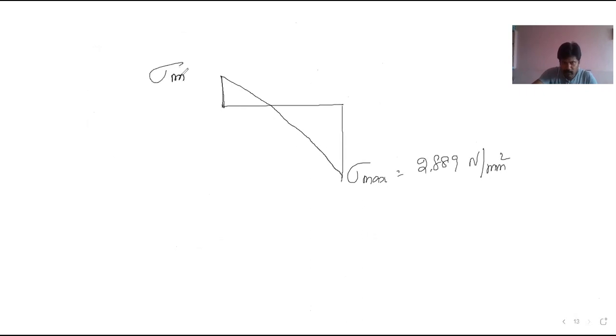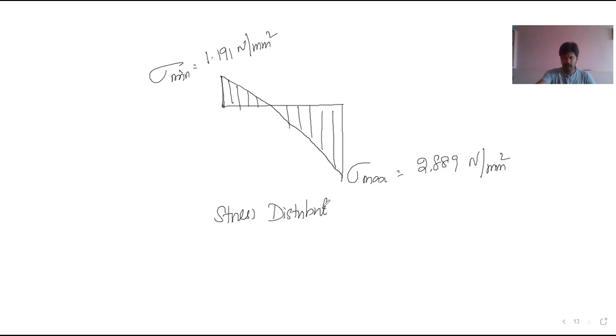Similarly, sigma minimum is equal to minus 1.191 Newton per mm square. So this is our stress distribution diagram for the given hollow circular section. Thank you all.